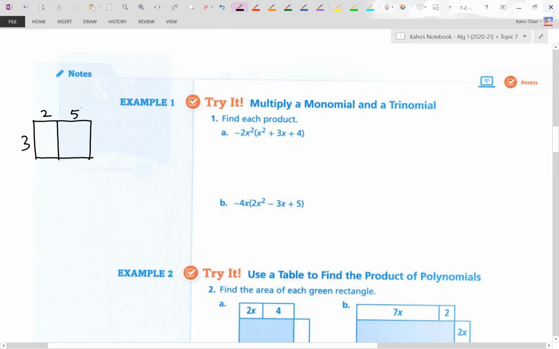If I ask you to find the area of this rectangle with two compartments, you can do it individually. Like for the left side, 2 times 3 is 6. That's easy to do. And 3 times 5 is 15. 6 plus 15 is 21. Isn't that interesting?